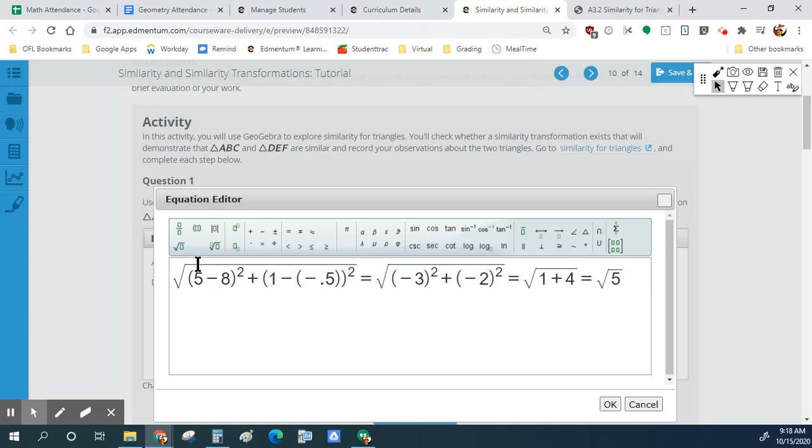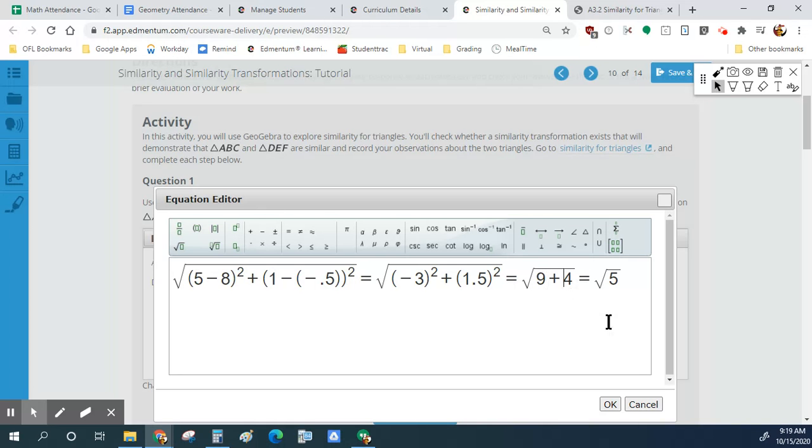The reason why it doesn't matter if I switch this, like let's pretend I had it as 8 and 5, I would end up getting a +3. Well, +3 squared is the same thing as -3 squared. So now I'm adding this, so I'm going to get a positive 1.5, because negative and negative makes a positive. Square this becomes 9.